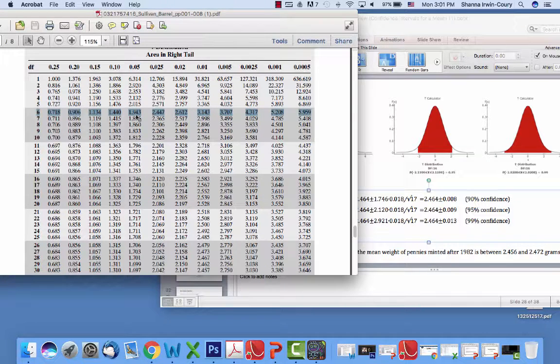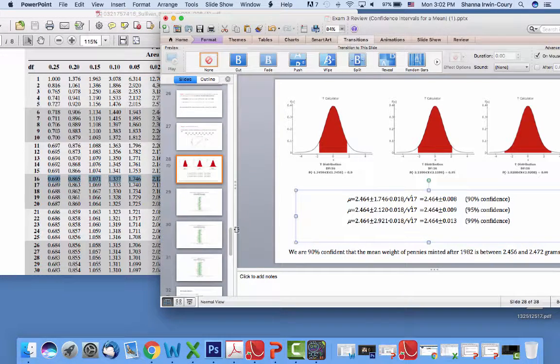So 0.05, 1.746. 95% confidence, so alpha is 0.05, half of it's 0.025, so 2.120, and then 99%, 0.01, so 0.005, and 2.921 is the critical t-value that makes this interval.